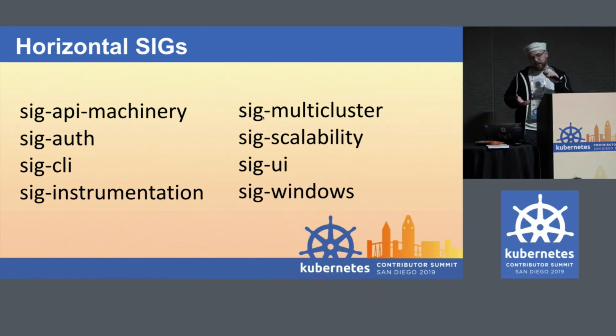If you're interested in getting Kubernetes to support up to 20,000 nodes, that's a good group to get involved with. UI owns the Kubernetes dashboard, and Windows pretty much owns everything Windows related.